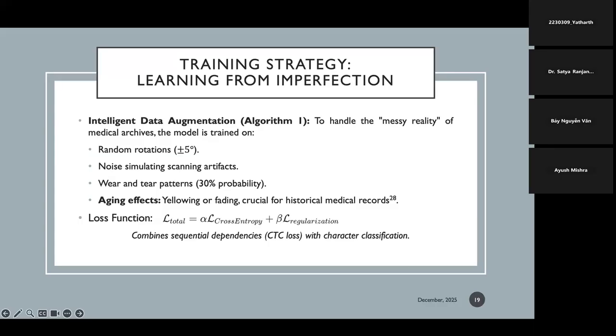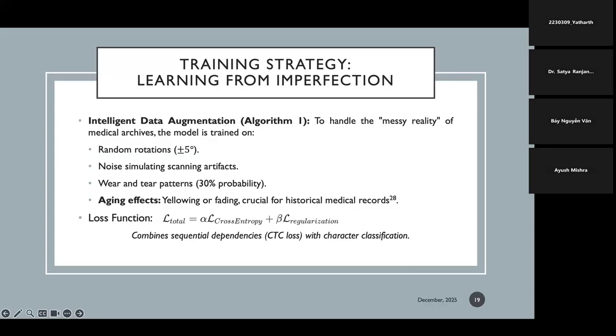We apply tears and weird patterns, teaching the model to read text even when the paper is ripped or crumpled. And most importantly, for historical archives, we simulated aging effects. We digitally yellowed the paper and faded the ink. This is crucial because it teaches the model that a faded letter is still a letter.